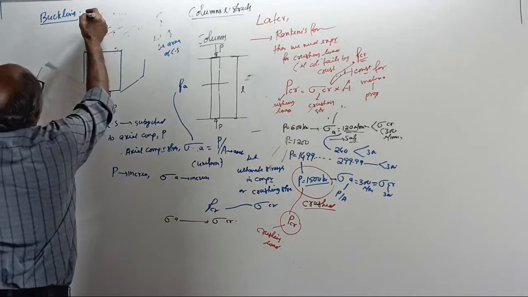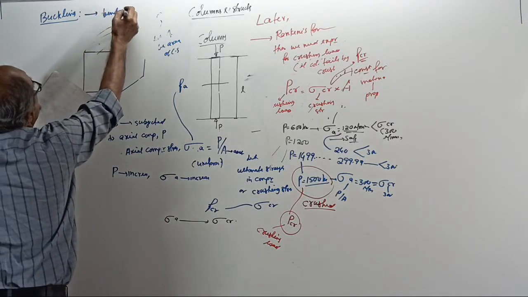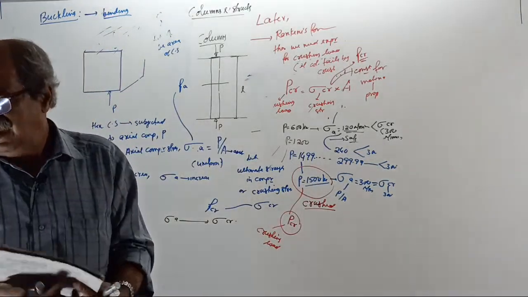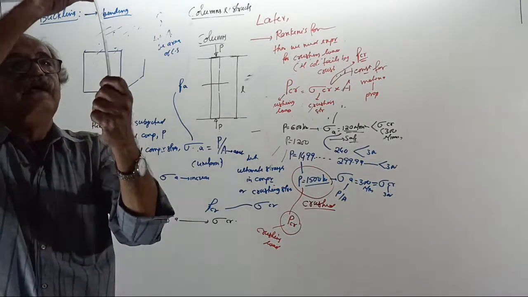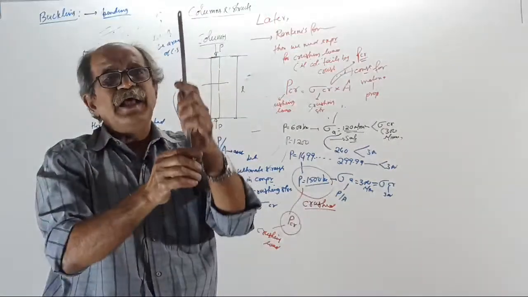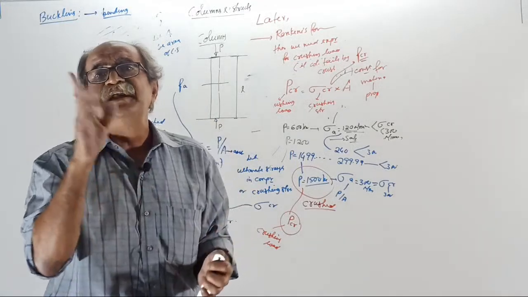Buckling is actually another form of bending. Now, one minute, I will show what buckling is. I will show a simple example. Take a scale. This member is very thin. When a member is very thin, it is called slender.